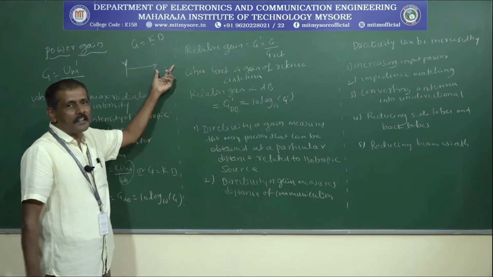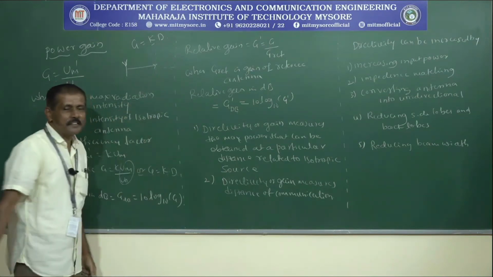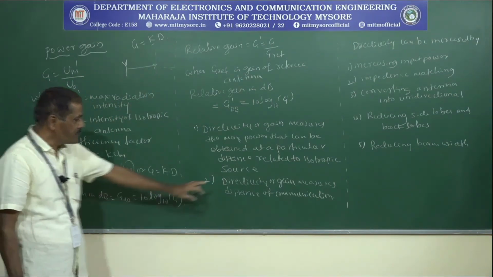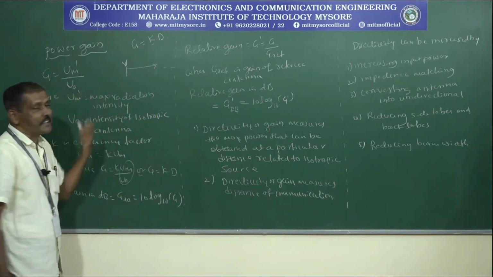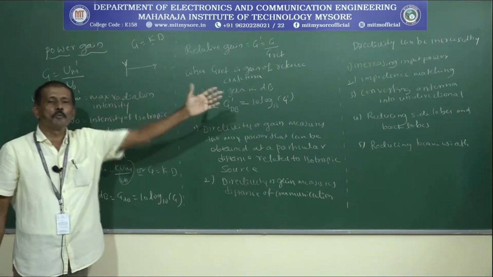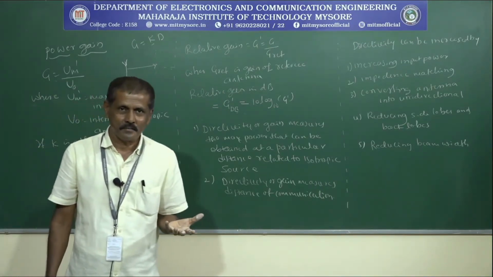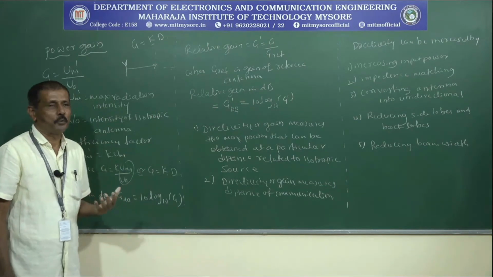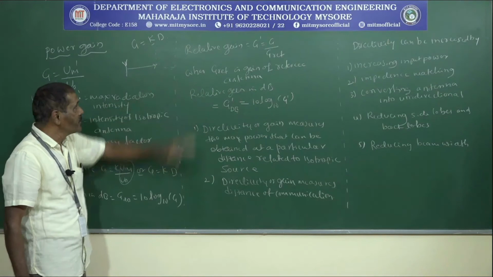Beyond this you are not getting any signals, so you cannot communicate. That is, directivity or the gain gives you the distance of communication, whether you can communicate up to 2 kilometers, 5 kilometers or 10 kilometers. Once that distance is over and you have no signal, you cannot communicate.